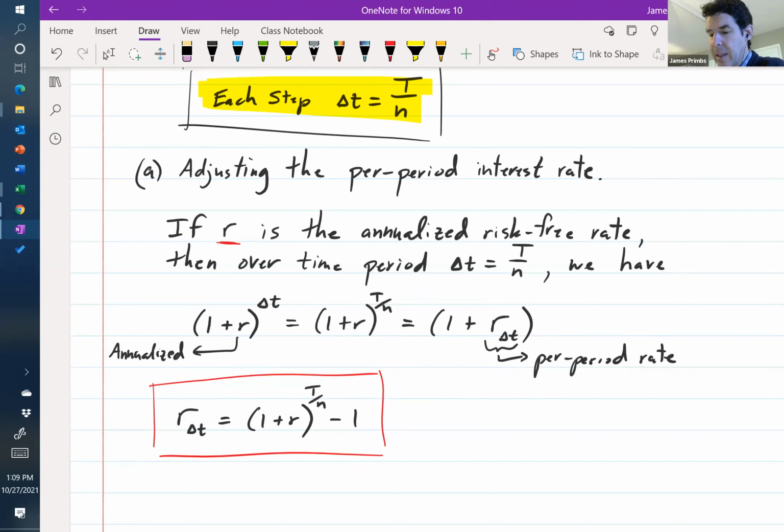That's what I did down here in this formula. All I did was equate compounding factors. If you're going over some little step, delta T, then take 1 plus the per period rate to the power of 1 over delta T equals 1 plus R. Delta T was T over N. I want to pull out a per period interest rate, so I set that equal to this and solve for R delta T. And that's what this formula is.